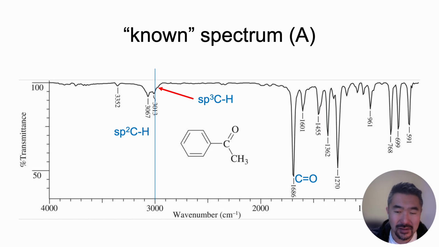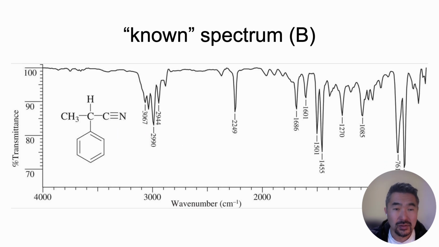That is sp3 CH. All that to say, sometimes some of the signals are not as strong as we hope to see. Also, there can be artifact peaks, like this overtone peak that is a result of that carbonyl signal.